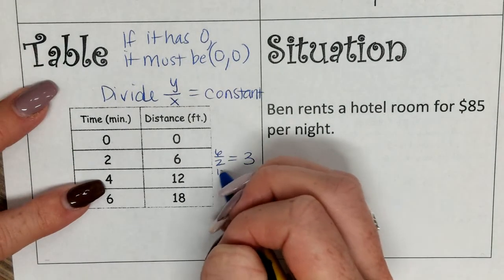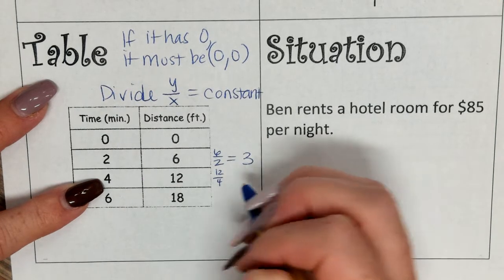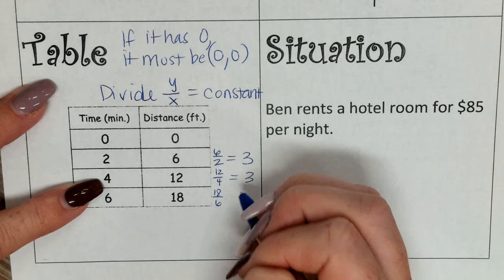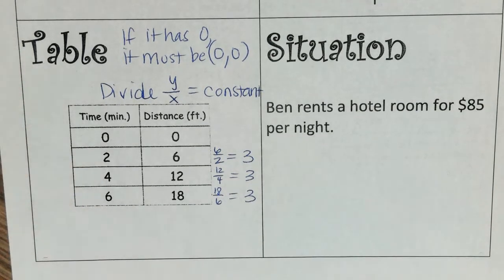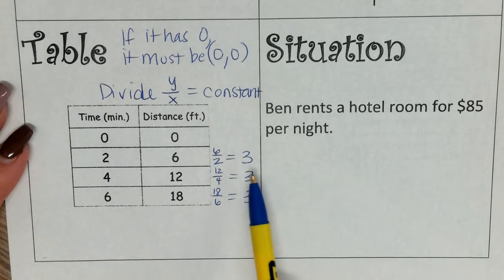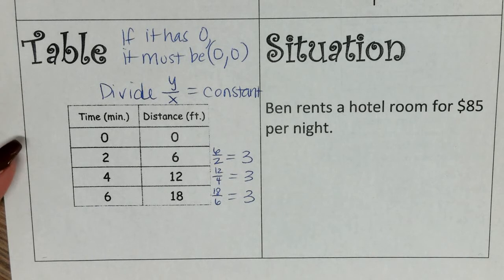What is 12 divided by 4? 3. What is 18 divided by 6? So do you see that when I divide y divided by x in a proportional table, I will always get a constant answer? Yes or no? Okay, so in a non-proportional table, you wouldn't get a constant answer.